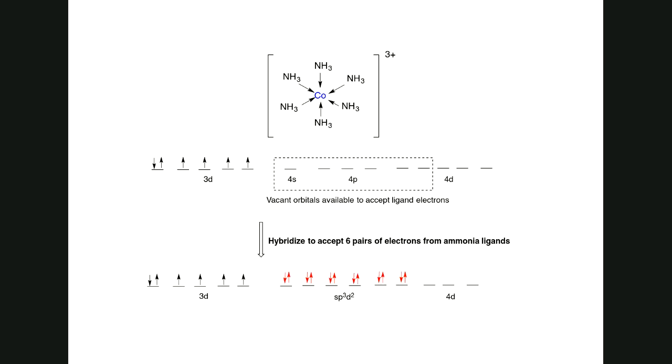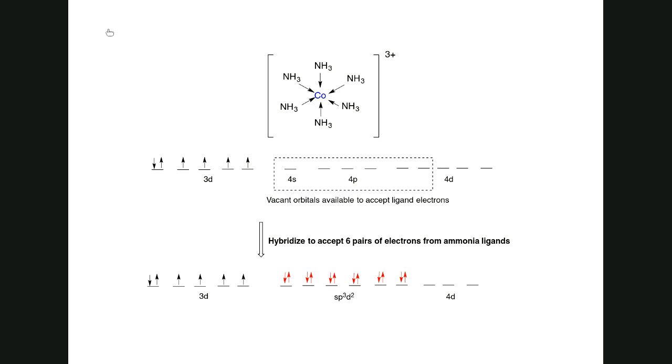So the d orbitals are in essence not partaking in the bonding. Therefore, where the electrons go are in hybrid orbitals.